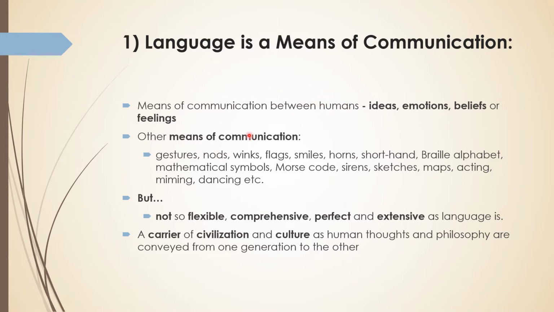And the other means of communication are gestures, nods, winks, flags, smiles, horns, shorthand, braille alphabet, mathematical symbols, Morse code, sirens, sketches, maps, acting, miming, and dancing. So there are lots of ways to communicate. So these are other ways of communication, but we are talking about something prime, something not limited in terms of sharing and expressing feelings or emotions.